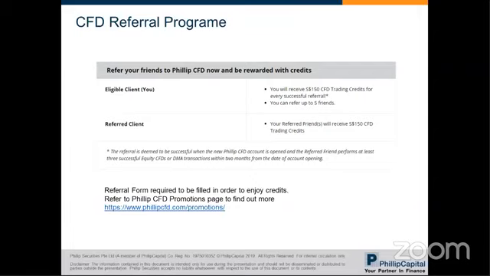So it's a win-win situation, as long as your referee manages to place three trades in your CFD or direct DMA within 2 months of account opening, then both of you will get free trading credits. Please take note, when you refer, you need to let him fill up this referral form, which can be downloaded in the promotions section on our Phillip CFD website.